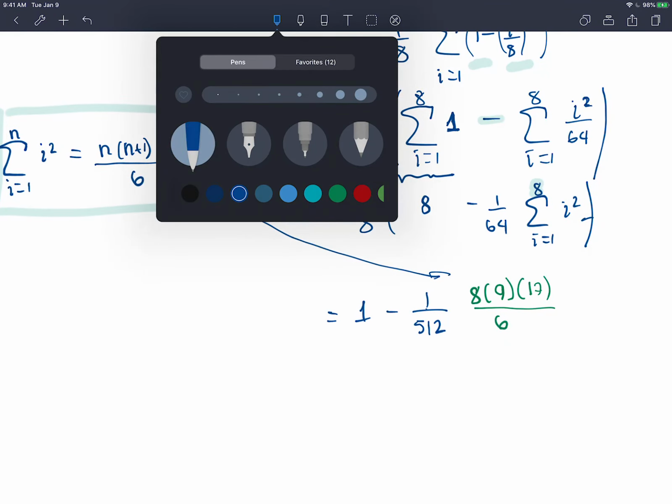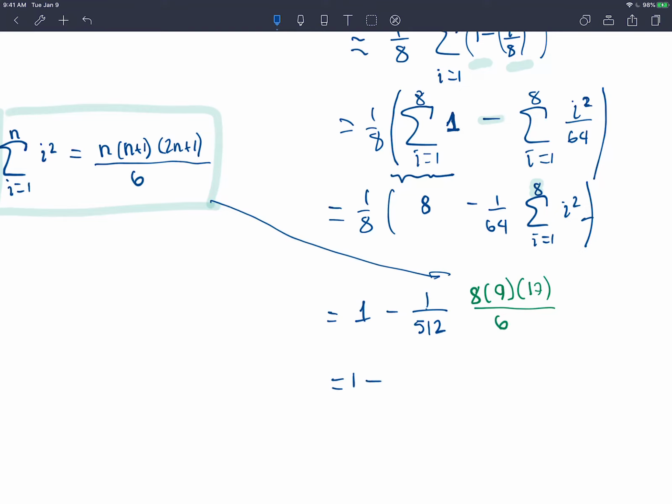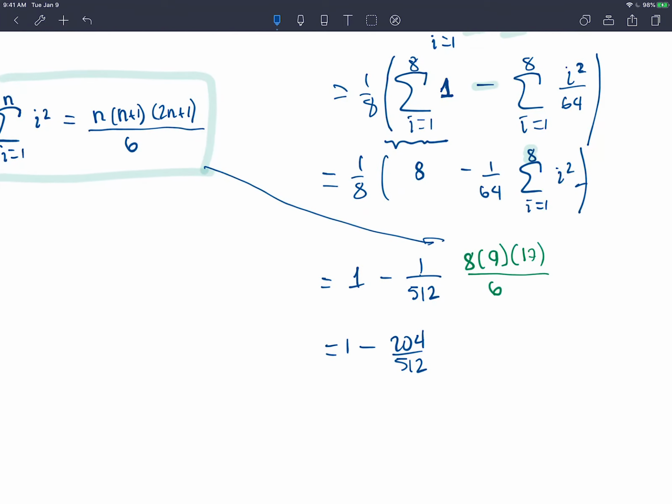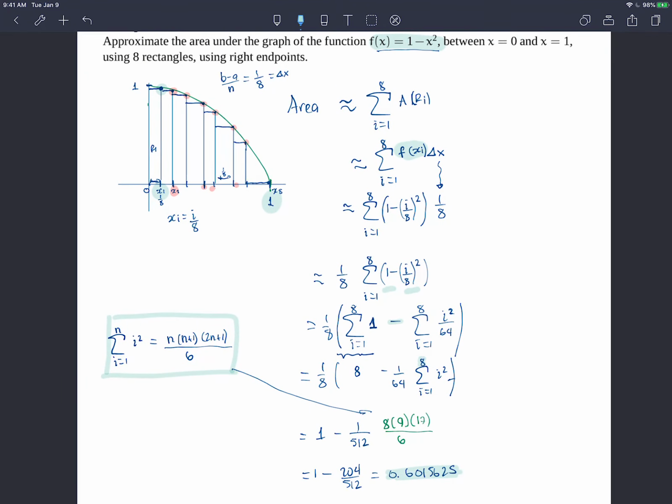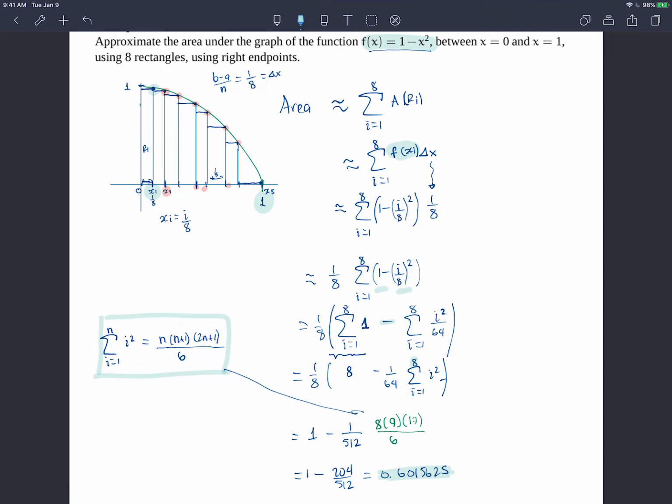It's not that hard to get, and we get 1 minus 204 over 512, and you can do that in your calculator, and I get 0.6015625. So that's my approximation for this sum. Okay. So I know this is an underestimate because I did it from the right, and in this case the rectangles from the right get under the curve.